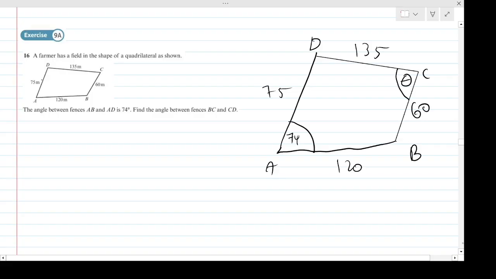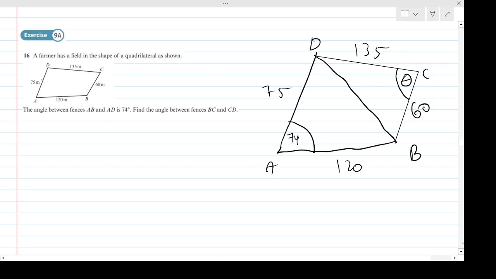By far the most apparent way of doing that is just to create a diagonal. So therefore I've got 2 triangles. Now this is where you have to think about the information you have.